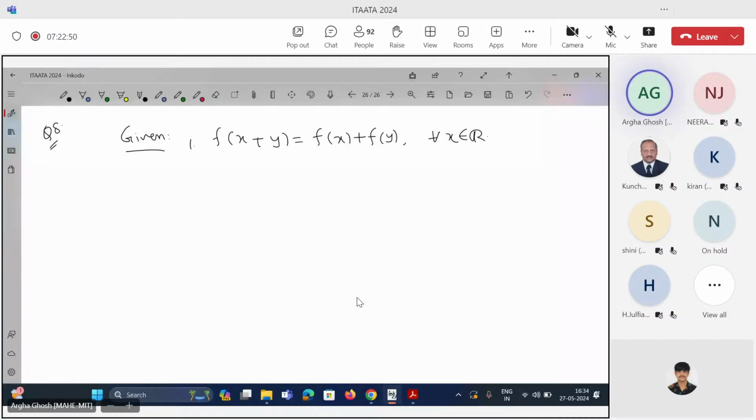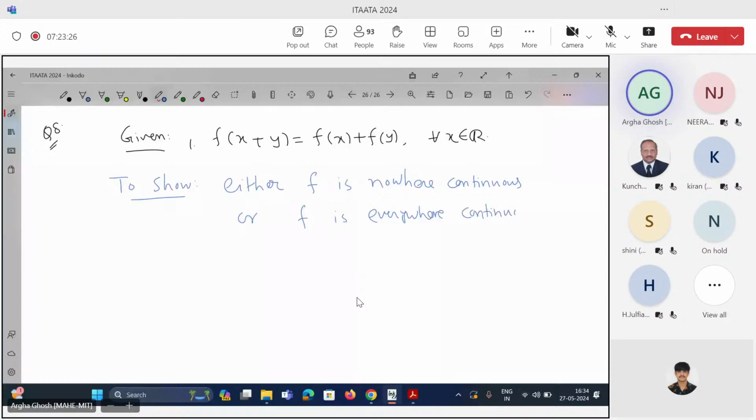So what you have to show is that either f is nowhere continuous or f is everywhere continuous.